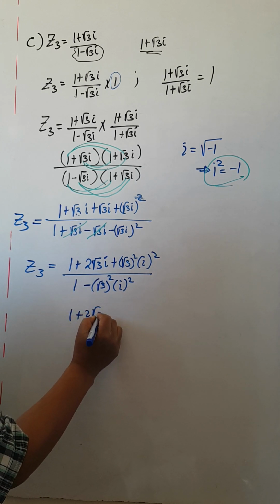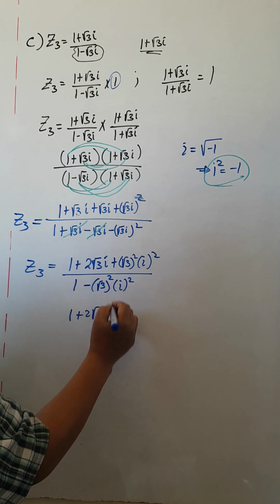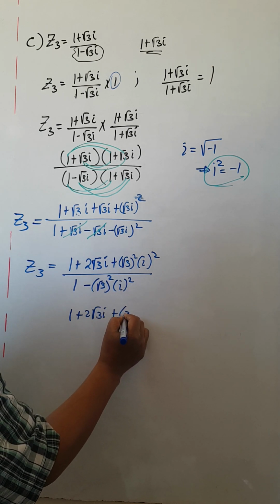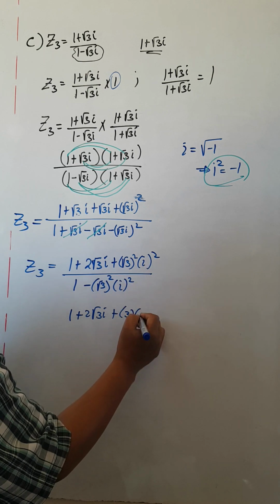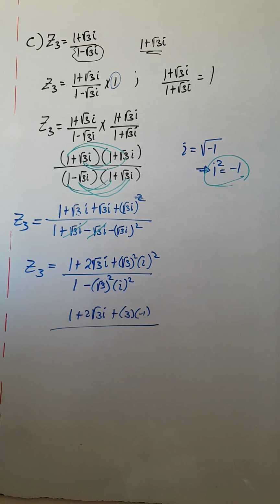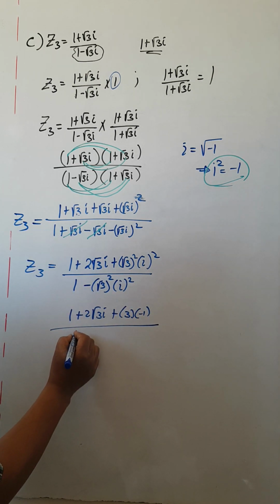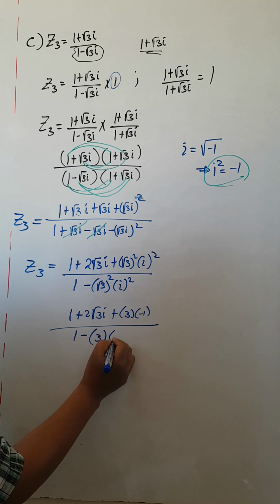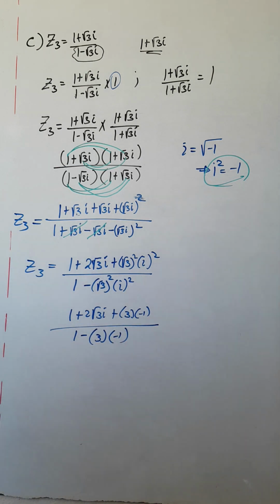So this is 1 plus 2√3i, plus 3 times i squared which is negative 1, divided by 1 minus, now it will be out of the square root, 3 times negative 1. I squared is negative 1.